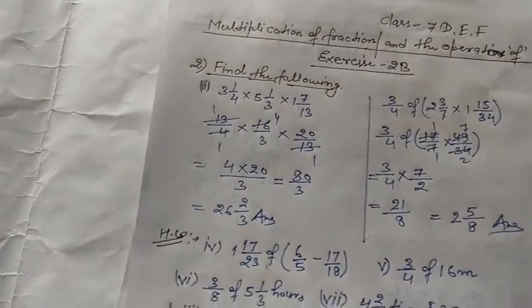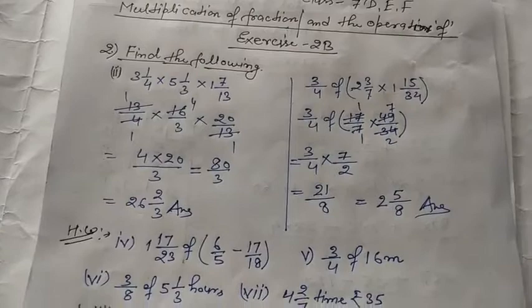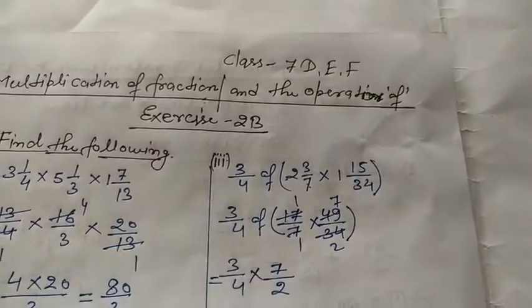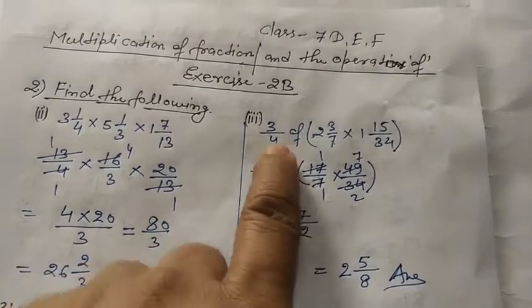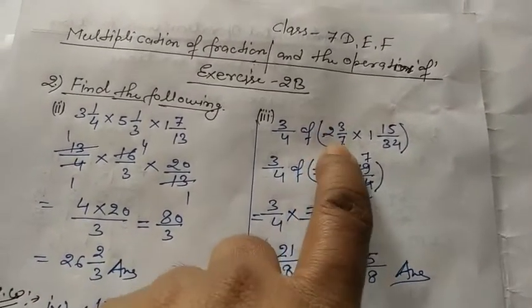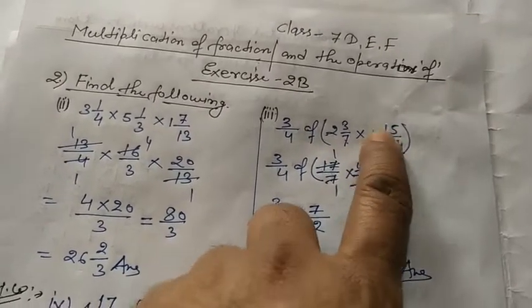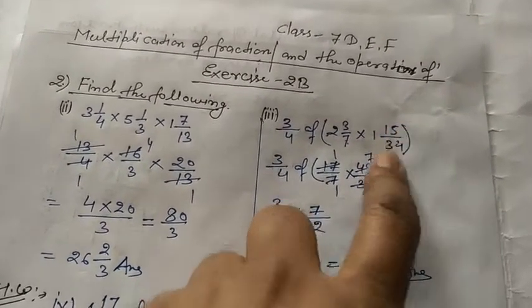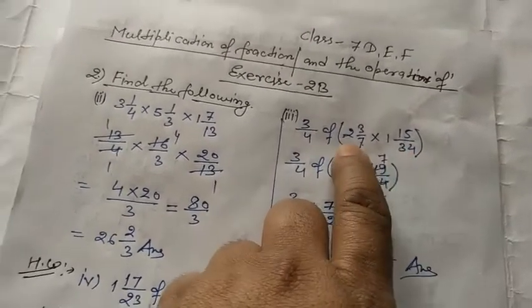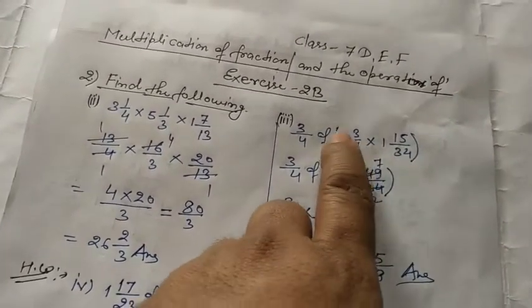Okay, now the second question. In this question it is given 3 by 4 of, within the bracket, 2 whole 3 by 7 into 1 whole 15 upon 34. These terms are given in the bracket. So first of all we simplify the bracket and we change into improper fractions.